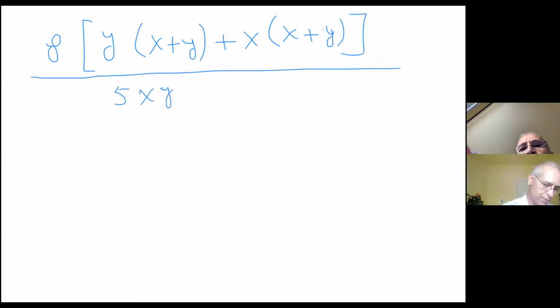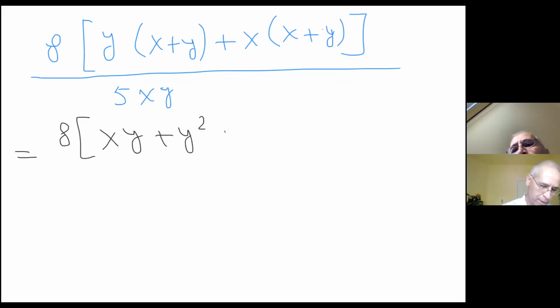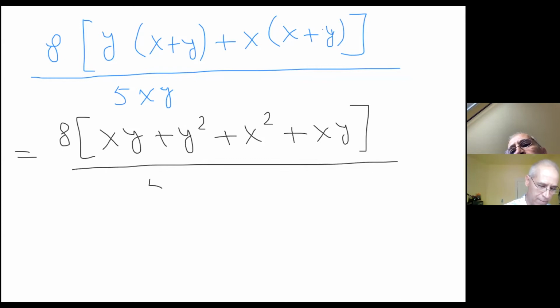And so here this equals 8 times bracket xy plus y to the second plus x to the second plus xy all over 5xy.